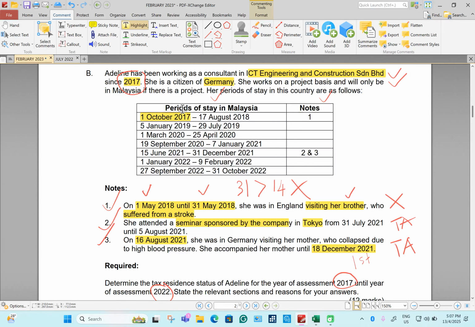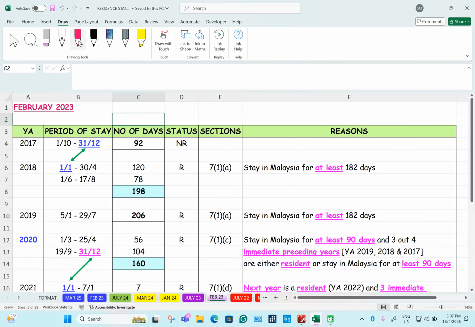So in this case, start with 2017. So the first date here, she was in Malaysia 1st October until 17 August 2018, meaning to say she stayed in Malaysia until the end of the year, isn't it? So that's why for 2017, everyone, period of stay starts from 1st October until the end of the year of 2017. This is her period of stay for 2017.